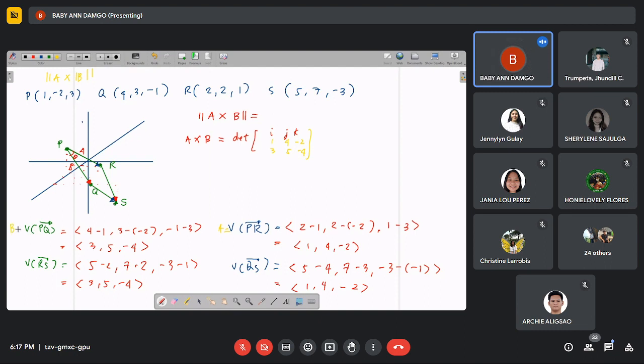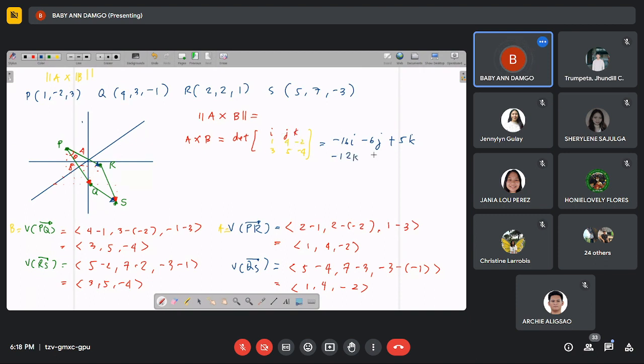Okay, this is our P. So we solve: this is minus 16I, and then minus 6J, minus 5, plus 5K. So 16, 6, 5. And then last, we have minus 12K.